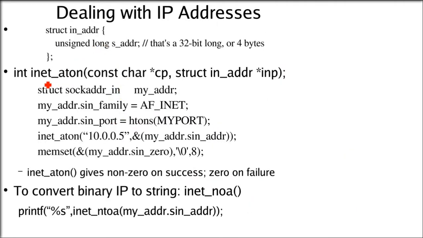Now we have another thing also, that is the IP is in another form. We have the string and we have the byte stream. So we need to convert this IP. We need to convert binary IP to string or string to binary IP. We have certain functions for that: inet_aton and inet_ntoa.